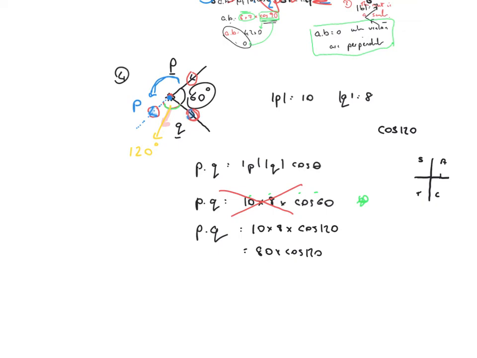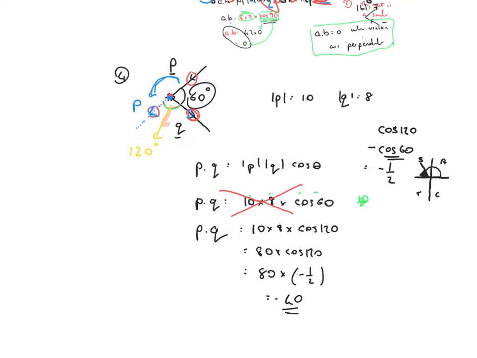So 120 lies in the sine quadrant, cos is negative in the sine quadrant, and my acute angle is going to be 60 degrees. So cos of 60 is 1/2, so that is minus 1/2. So that is now 80 multiplied by minus 1/2, and that gives me a final answer of minus 40.